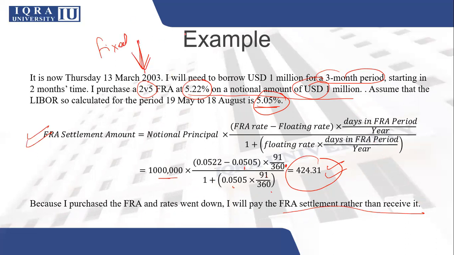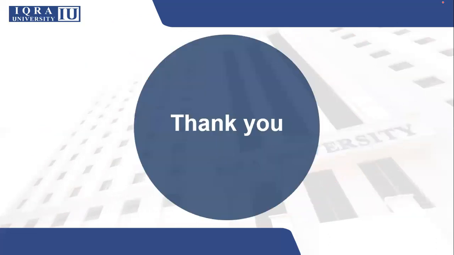If the floating rate goes up, then the person who is supposed to pay the floating rate will have to pay. Getting my point? It's simple. Do not get confused. If the floating rate goes down, then of course the person who has fixed will have to pay. And if the floating goes up, the person who's supposed to pay the floating will have to pay. That's it.